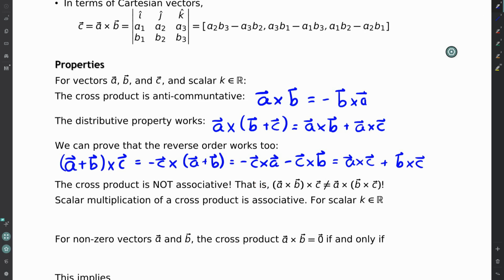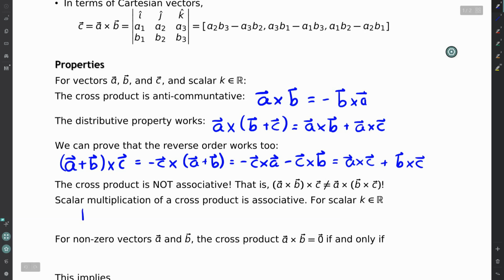One thing you have to watch out for is the cross product is not associative. It does matter which pair of vectors you're crossing first. So in general, (A cross B), then crossed with C, is not the same thing as A crossed with the result of B cross C. Fortunately, scalar multiplication of a cross product is associative.